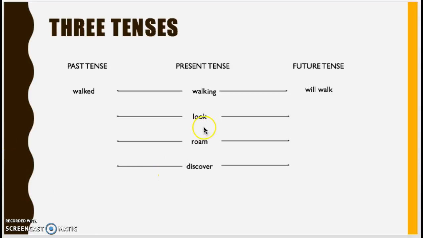Okay? So let's take the word look. If I wanted to make the word look past tense, how would I change the word? If you said you would add ed and you would make it looked, you would be correct. Okay? If I took the word look and wanted to say that I was doing it right now in the present tense, how would I change the word?